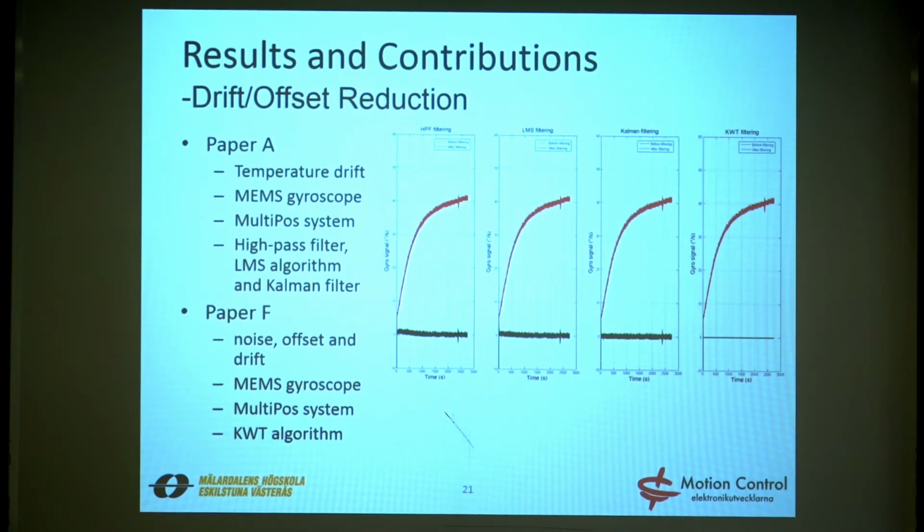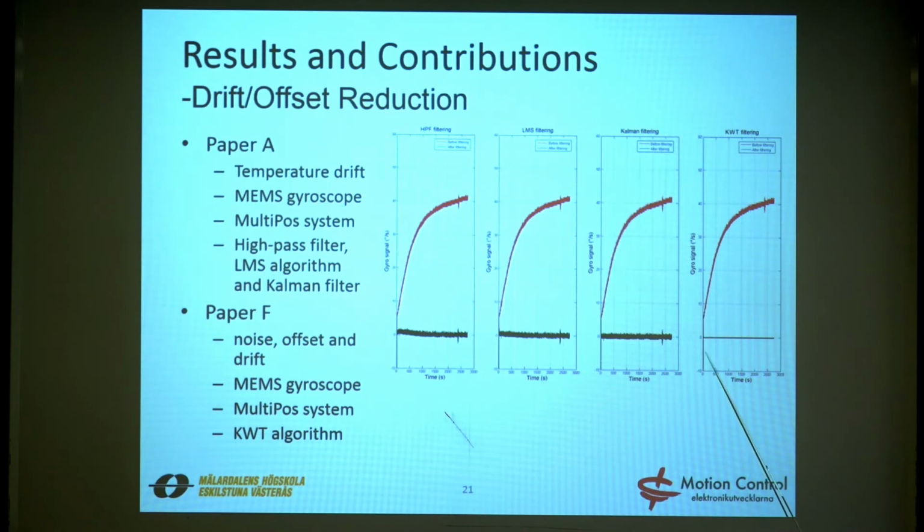We can see in the figure, this is the result of the high-pass filter, and this is the LMS algorithm, and this is the Kalman filter, and this is the KWT algorithm. The test was performed during the static state, so the signal should be around 0. And we can see the high-pass filter in the beginning has a little bit of adjustment.